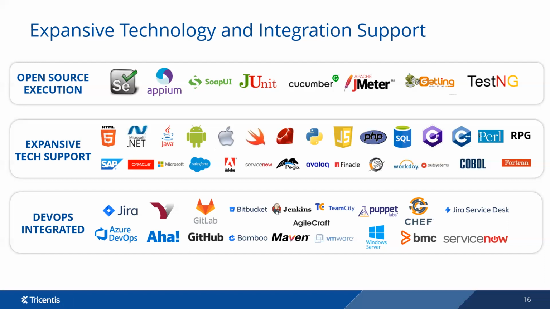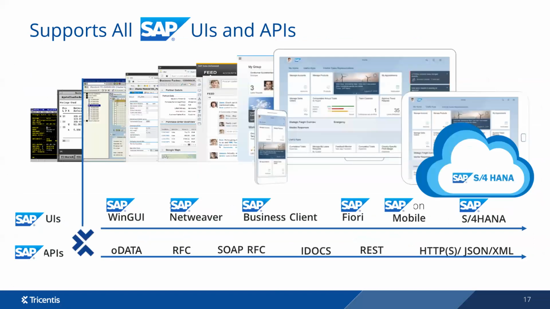And then as your automation starts to mature, Tosca comes with a CI agent that allows you to kick off your Tosca test cases as soon as the new build is ready, if you wanted to do it that way, or perhaps using our test management tool. And you can have the results come back into any of these tools. You can have them come back into Tosca. You can have them come back into qTest. It's really up to you on how you want to do that.